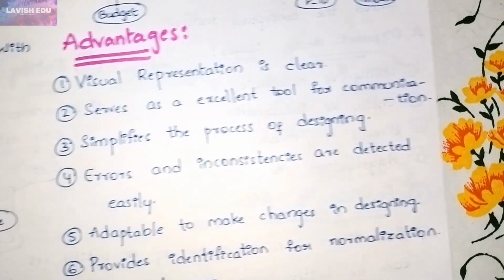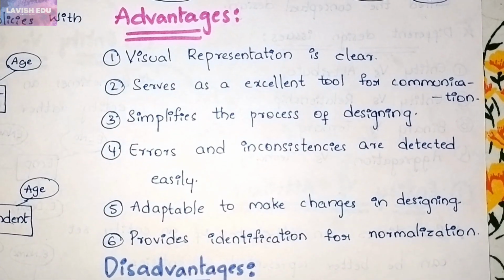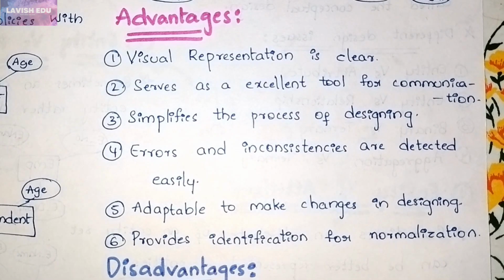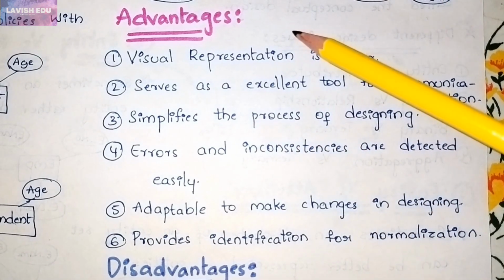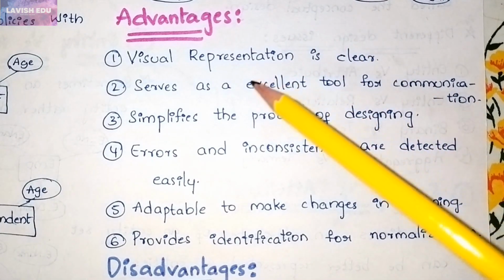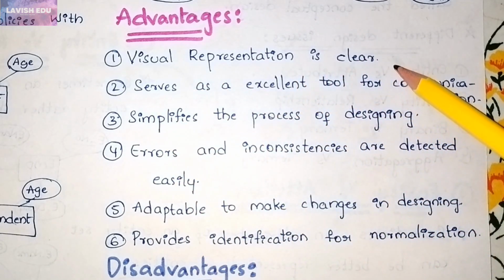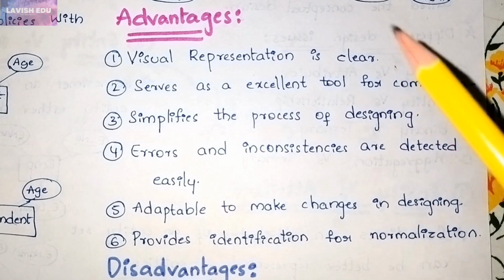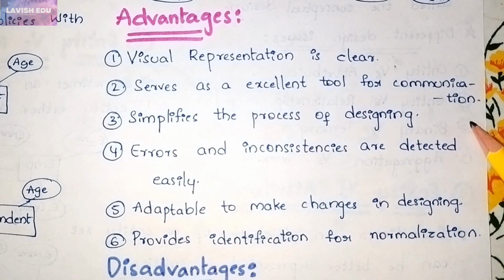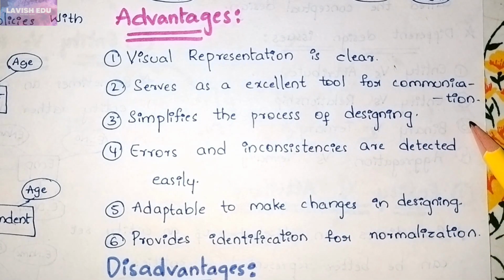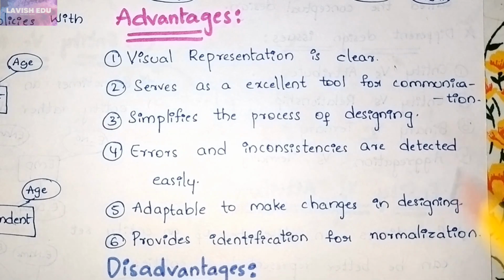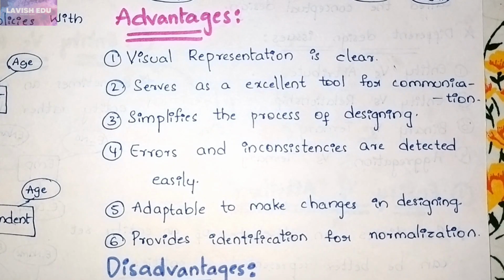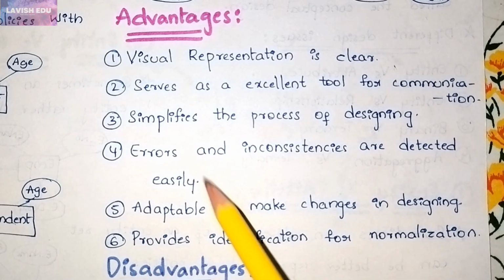Next, this conceptual design has some advantages, and also some disadvantages. So let's see first the advantages of this conceptual representation. Visual representation is clear, that is, a user can understand it better by seeing it, and it serves as an excellent tool for communication. And for the end users it will be very easy and interactable, so that it can be modified or changed easily.